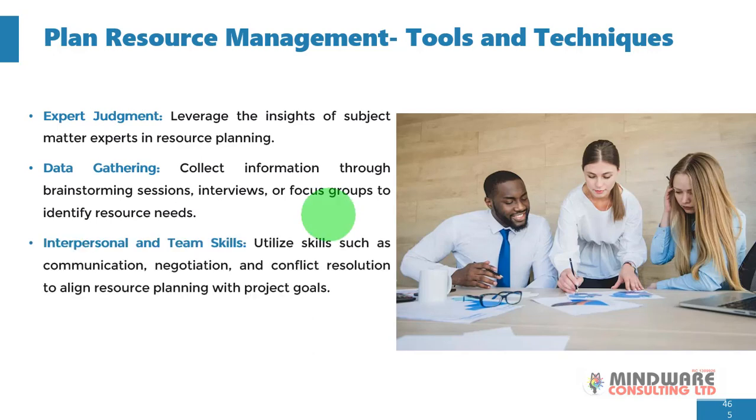Now, next is interpersonal and team skills. So you're gonna need this a whole lot, and you need it to be able to communicate effectively, negotiate, and even in conflict resolution. All right, to align resource planning with project goals.